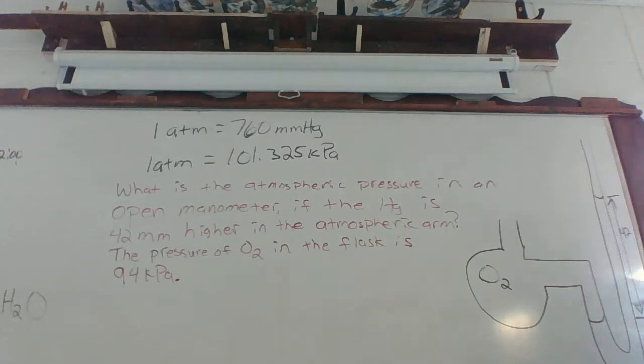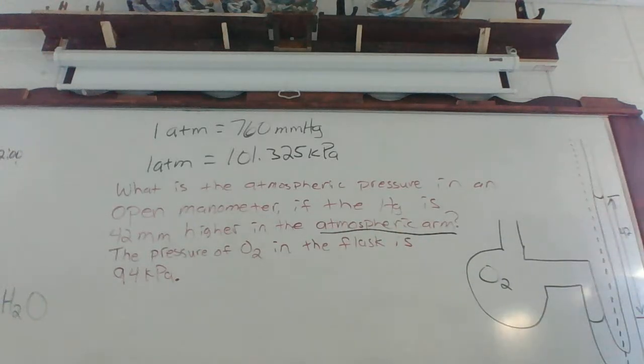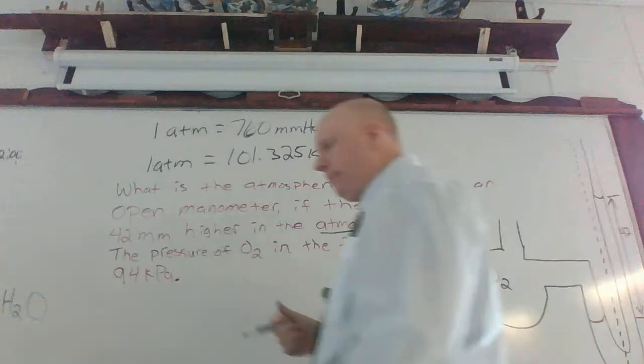And the way to look at that is, I like to look at this dotted line. This dotted line separates our two arms, because we have one that's called an atmospheric arm, okay, and another one that's called a gas sample arm.